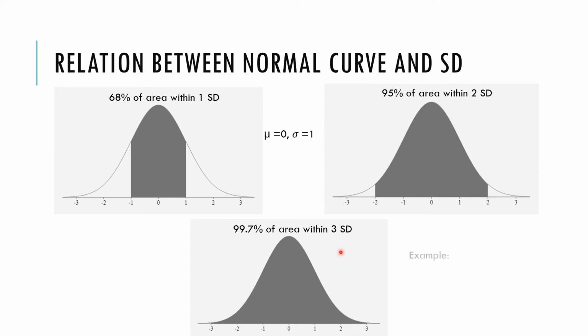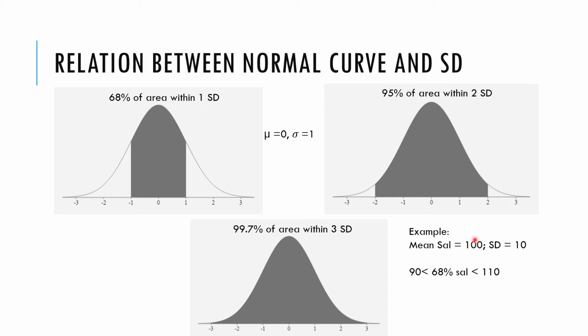We'll also explain this through one example here. Let's say the mean salary of the employees is 100 and the standard deviation is 10. What it means is that 68% of the salaries will fall within one standard deviation, that is, from minus 1 SD to plus 1 SD from the mean.